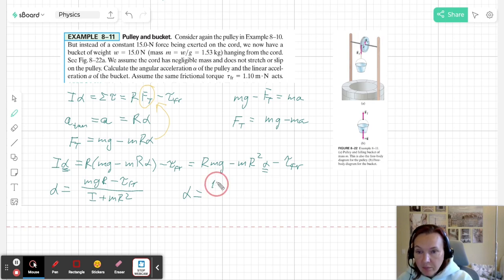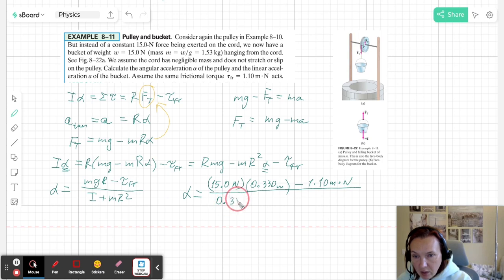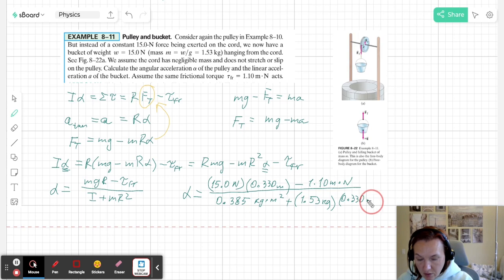Alpha is going to be equal to 15.0 newtons, mg is already the weight, times the radius, which was the same as in the previous example, 0.330 meters, minus 1.10 meters times newton, all over I from the previous example, that was, as I said, 0.385 kilogram times meter squared, plus the mass that's calculated here, 1.53 kilograms, multiplied by the radius squared, 0.330 meters squared.